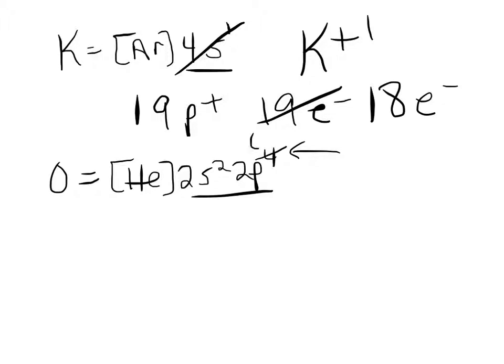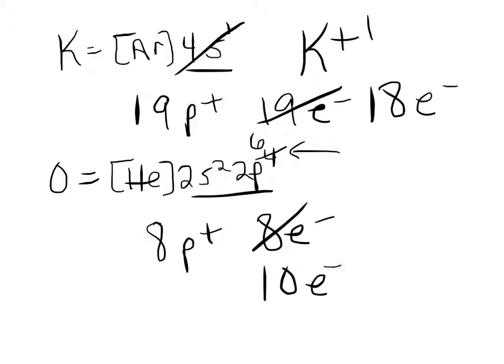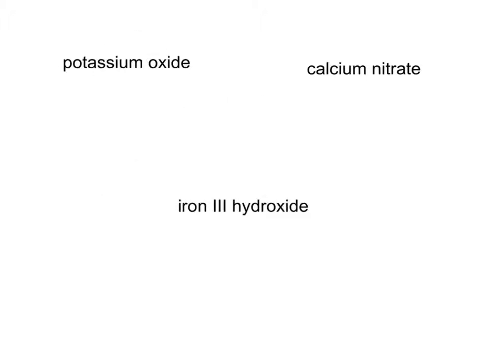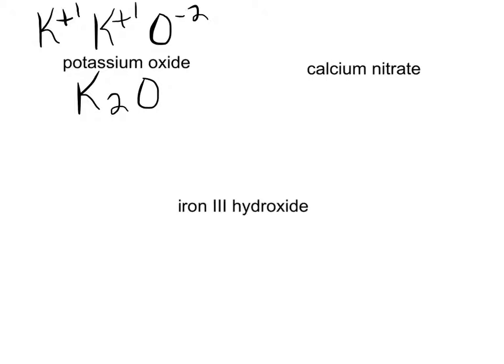And if that becomes p6, then you have an octet, s2p6, and oxygen has a -2 charge because it had 8 protons and 8 electrons, and if it takes on 2 more electrons, you have 10, and that gives you a -2 charge. So potassium has a +1 ion, O is a -2, and so those charges don't cancel to 0. You would need another of the potassiums, and so your formula would be K2O.